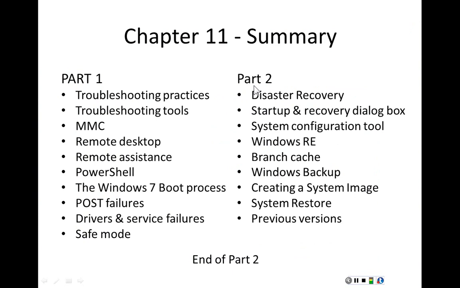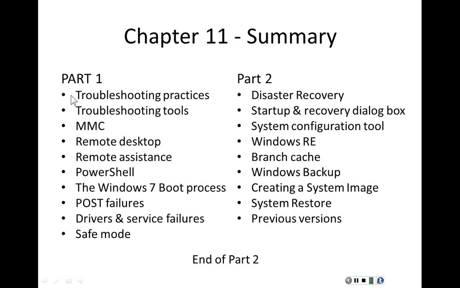Summary. Part 2 summary. So in this part 2, we looked over disaster recovery, what to do if a driver rollback doesn't work. We looked at the startup and recovery dialog box, the system configuration tool, Windows RE, BranchCache, Windows Backup, creating a system image, performing and creating a system restore, and enabling previous versions.